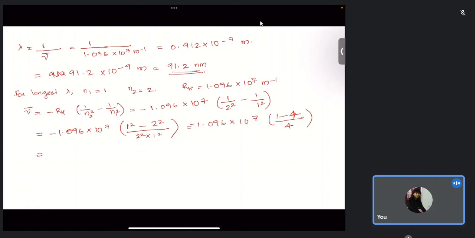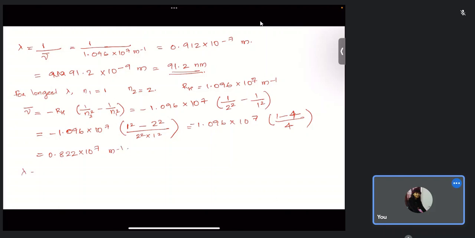Let's do the calculation. 3 into 1.096 divided by 4 is going to be 0.822 into 10 to the power 7 meter inverse.